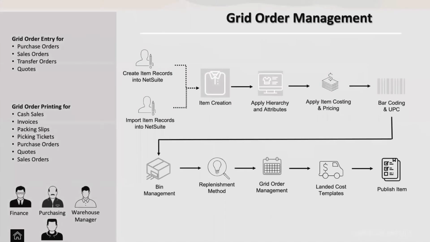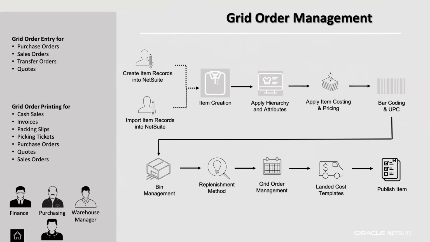Okay, just dialing it back a little bit is grid order management. So this really applies for a broad range of customers, not just manufacturers. So if you're selling products that can be sold in a matrix, then this is for you.